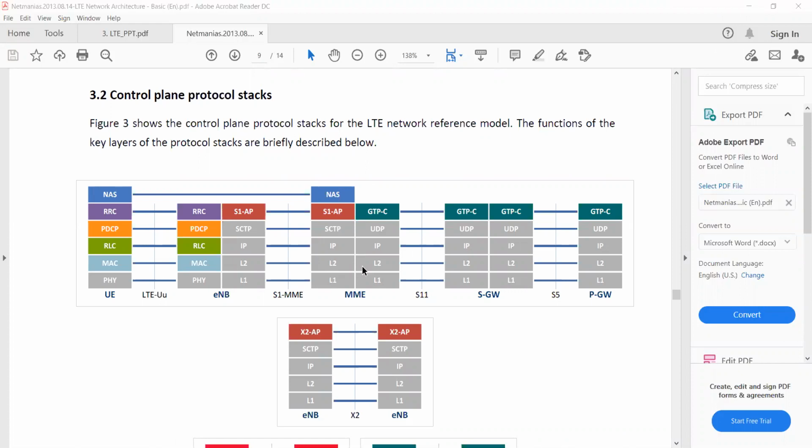Any attach procedure will be controlled by MME, or detach procedure or handover or reselection, everything will be controlled by MME. So it controls every node. So it comes in this control plane: UE to eNode B, eNode B then forwards message to MME. So make a note of this: UE to eNode B, eNode B to MME, MME to S gateway, S gateway to P gateway.